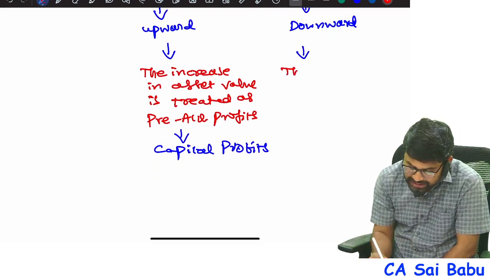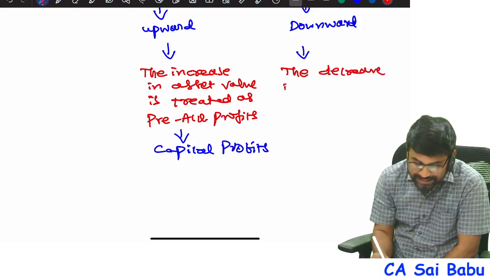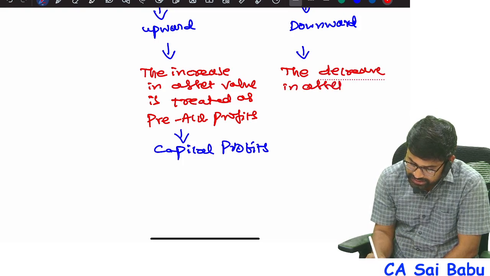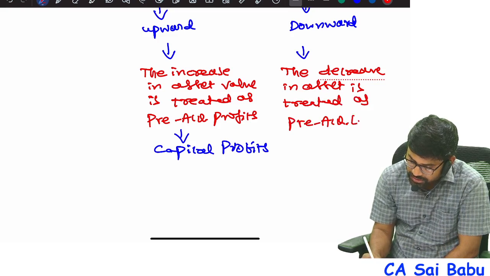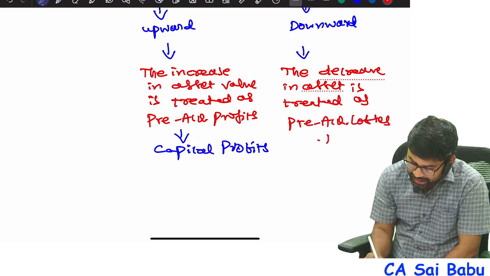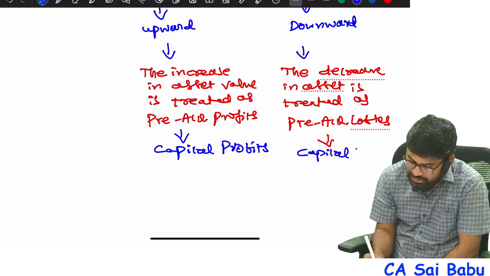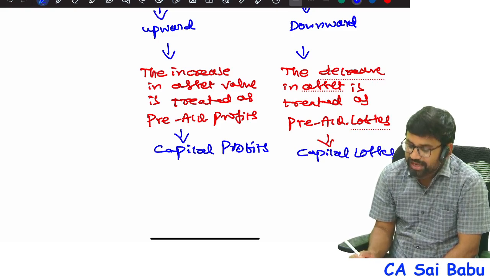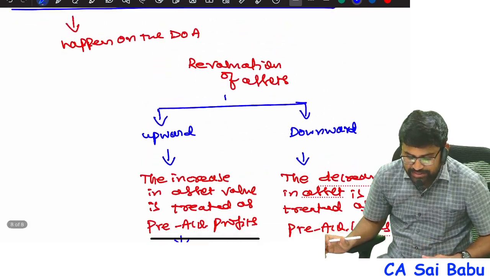The decrease in asset is treated as pre-acquisition losses, and it will be treated as capital losses. Sir, whenever I said profits, the opposite will also be there.